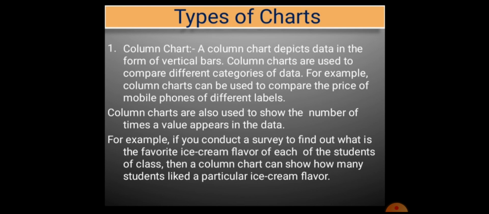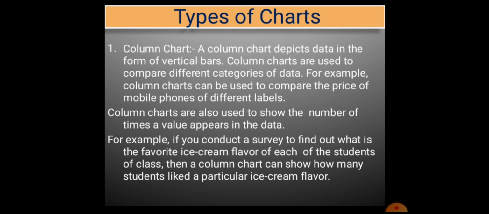Next we have, as we have already studied in this video, how many types of charts are there in MS Excel? Line chart, column chart, pie chart, bar chart, and etc. So in this video we will study only one type of chart, that is column chart. Okay, first chart is column chart.